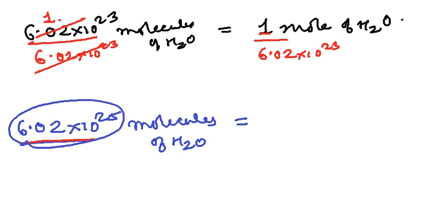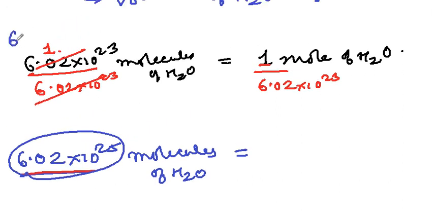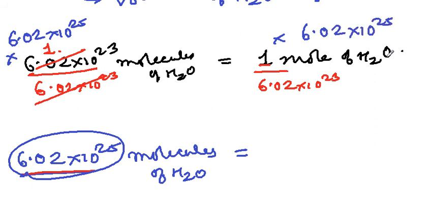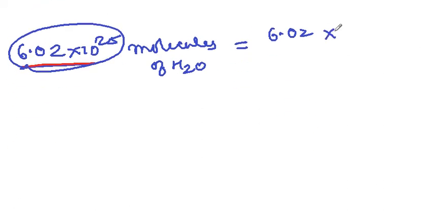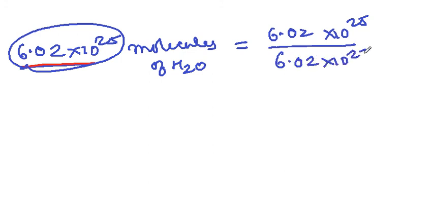So we're going to multiply this 6.02 into 10 to the power of 25. Let's multiply with this number on both the sides, 6.02 into 10 to the power of 25. So this would come out to be 6.02 into 10 to the power of 25 divided by 6.02 into 10 to the power of 23.